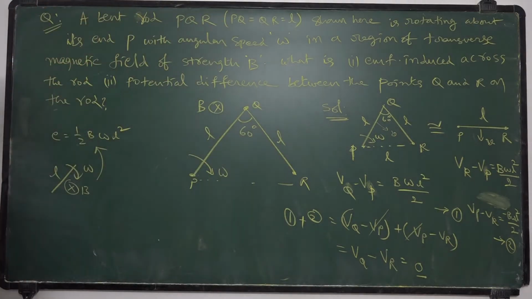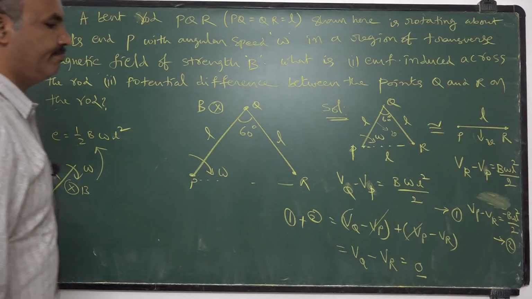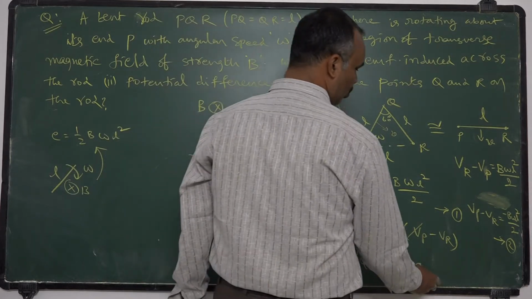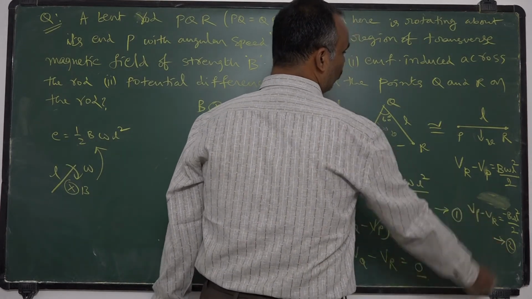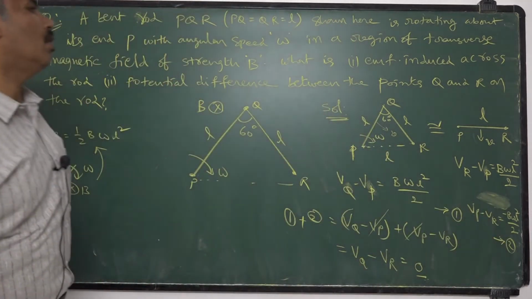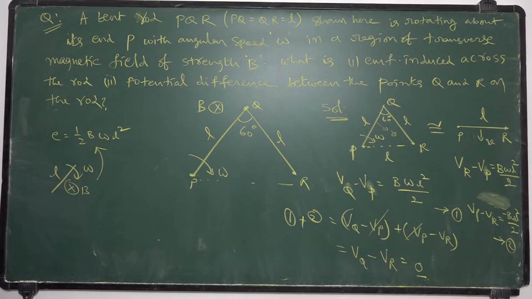The potential difference between points Q and R is 0. This is the solution for the second part. This is the solution for the first part. Both parts I discussed here. In order to solve this problem, two concepts you should take into consideration.